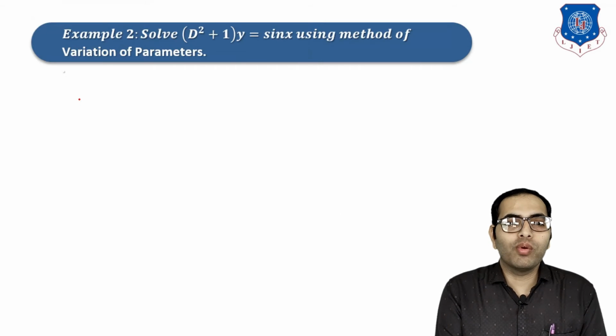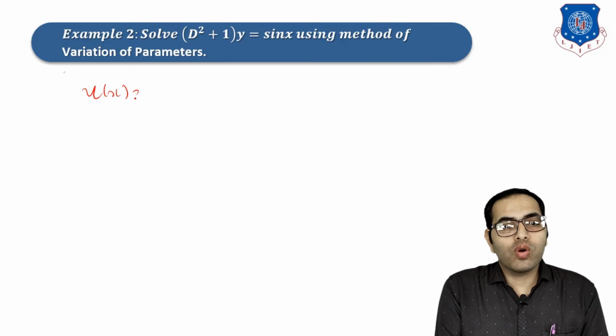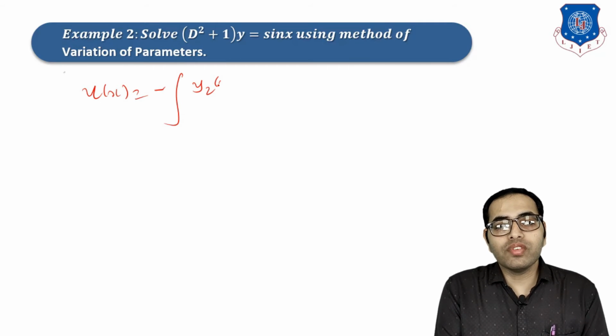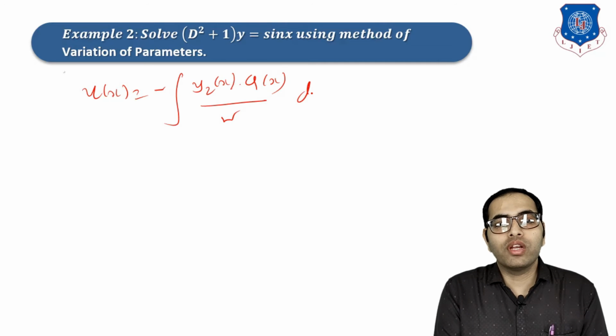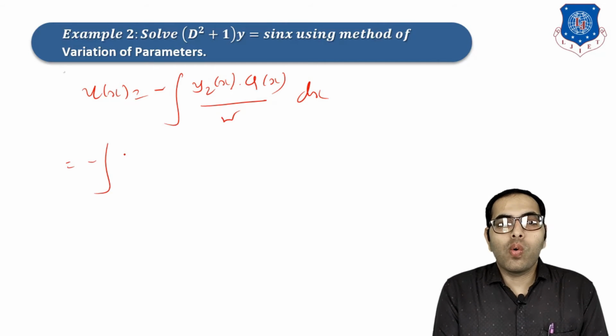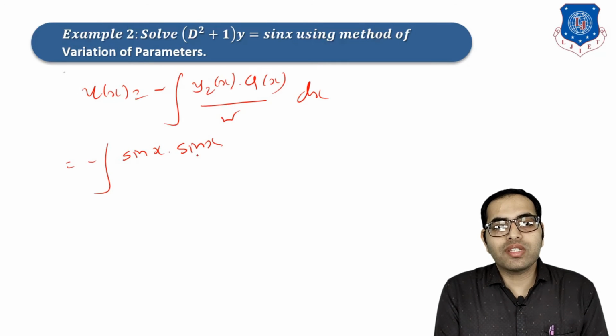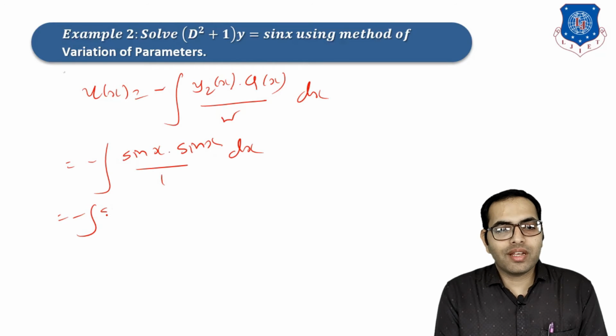For that we have the formula u of x equal to minus integral y2 of x into q of x upon W dx. Just substituting this value, then minus y2 which is sin x, q of x which is sin x, W which is 1. Now minus it becomes sin square x.